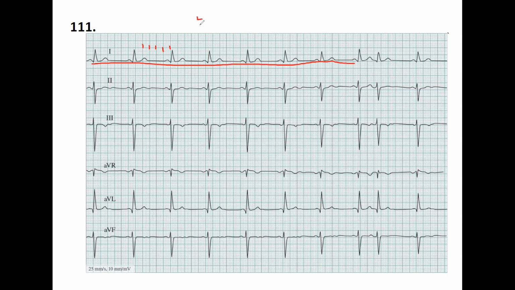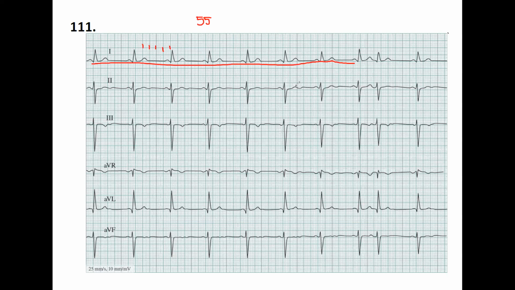So it means around 60 or 55, a little bit less than 60, because if you had 5, that means 60, but you do have more than 5, so it means it's less than 60, so about 55, doesn't matter. Okay, so it's bradycardic for sure. Next one, yes, we do have P waves, so it can be sinus bradycardia.